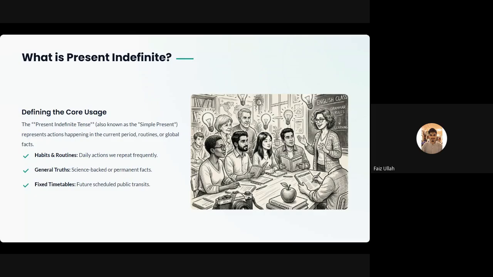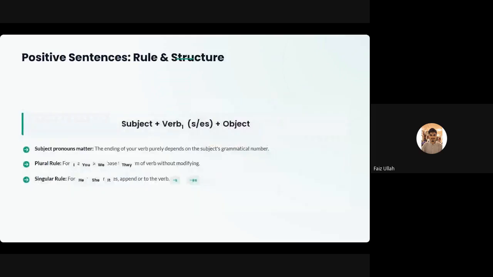Or you want to state some facts about anything. Or you want to talk about some scheduled activities, some planned activities, or sometimes unplanned activities. If you are talking about your timetables, we use present indefinite tense.